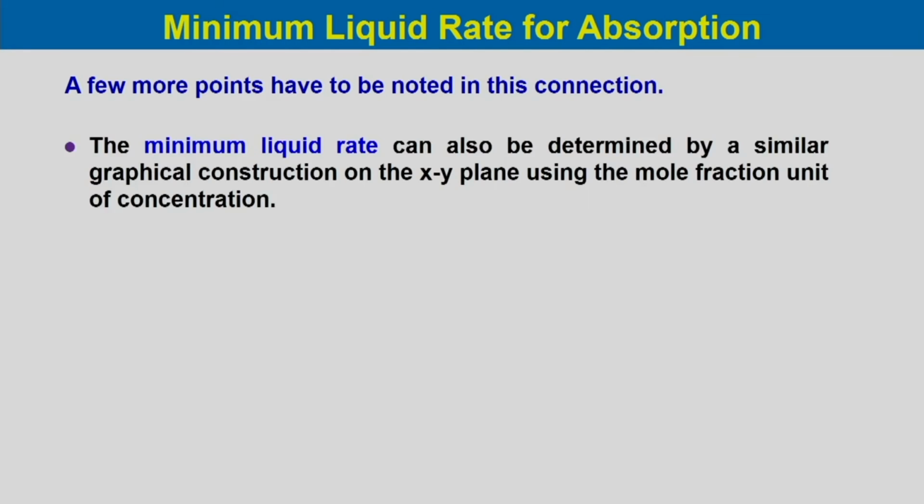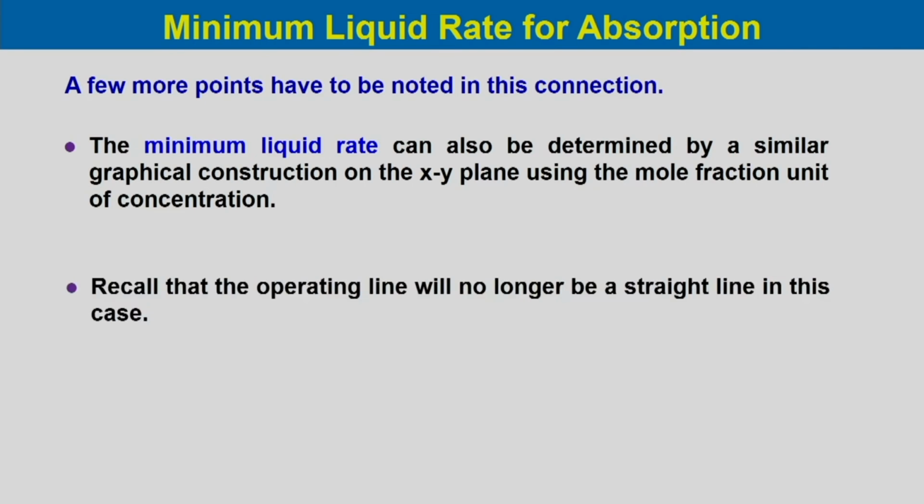The minimum liquid rate can also be determined by a similar graphical construction on the xy plane using the mole fraction unit of concentration. So far we have shown you the graphical construction using the mole ratio unit, which is capital X and capital Y, but the same thing can be done in the mole fraction unit, small x small y plane.